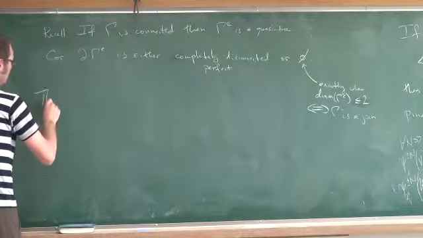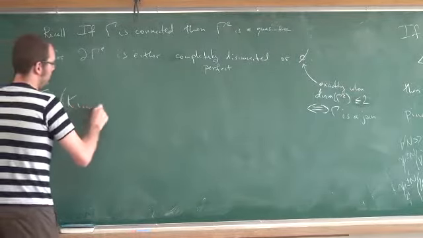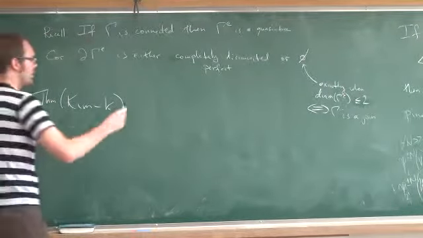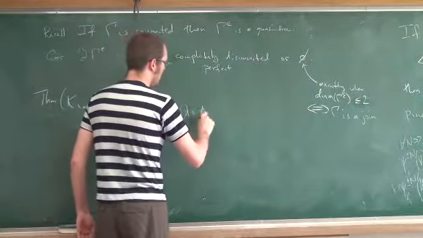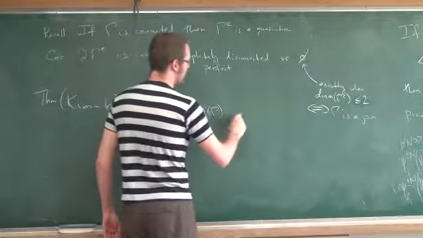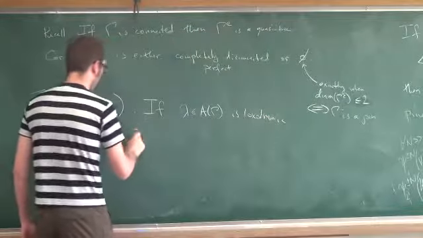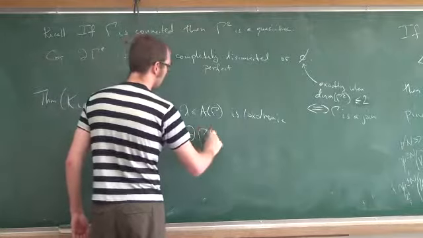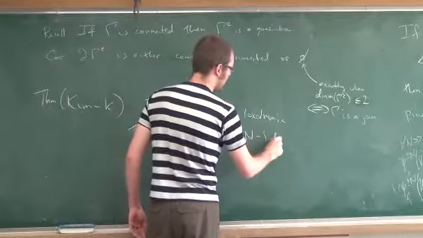And so now the analogous theorem to the mapping class group action is that if lambda in A of gamma is loxodromic, then lambda acts on the boundary of the extension graph by north-south dynamics.